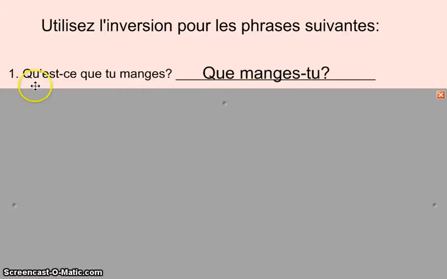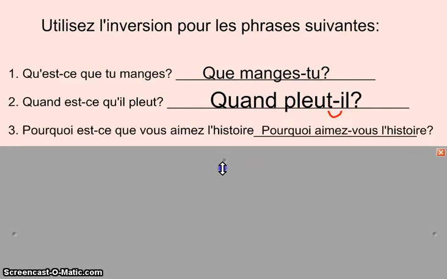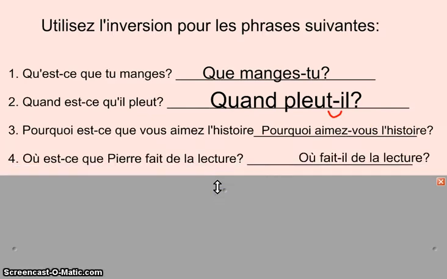Très bien. Numéro 1. Qu'est-ce que tu manges will become Que manges-tu? Numéro 2. Quand est-ce qu'il pleut becomes Quand pleut-il, with a nice lovely liaison sound right there. Numéro 3. Pourquoi est-ce que vous aimez l'histoire would become Pourquoi aimez-vous l'histoire? Où est-ce que Pierre fait de la lecture simply becomes Où fait-il de la lecture?